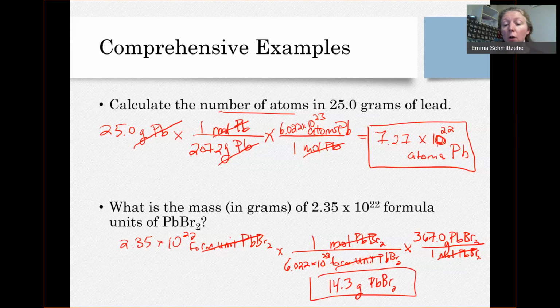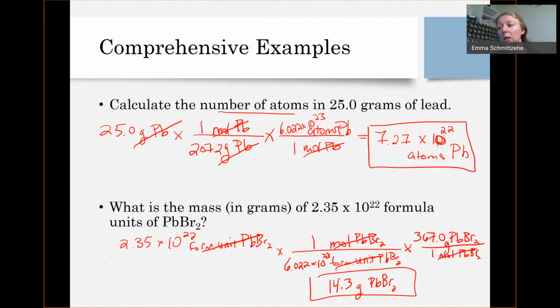Okay. So in those two, we used Avogadro's number and molar mass to jump between grams and particles. Because you can't directly go from grams to particles or particles to grams, but both of those you can link to moles. So you jump to moles first. And that's pretty common in solving a lot of chemistry problems.